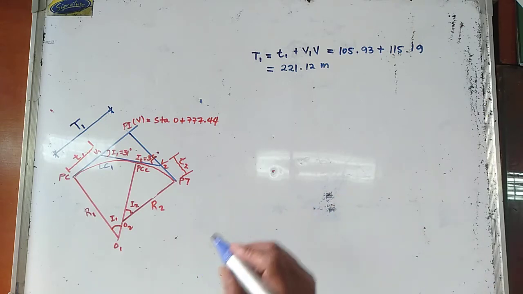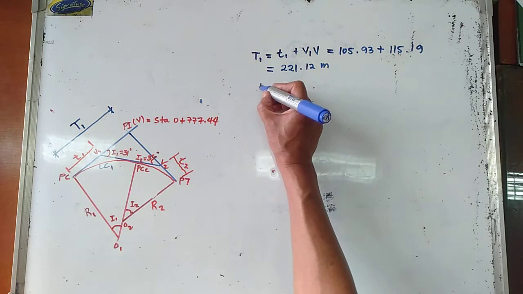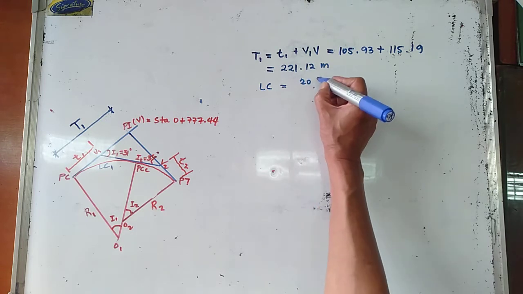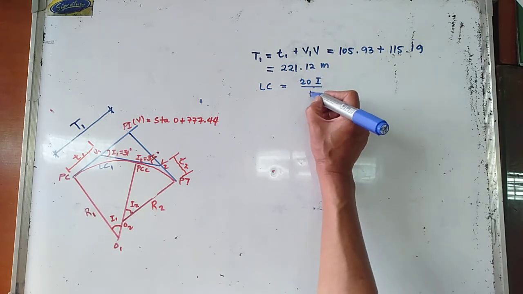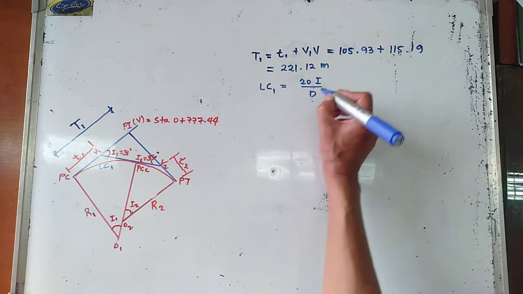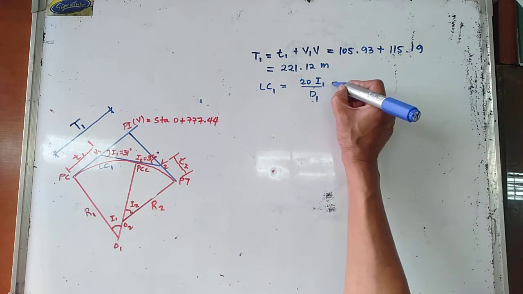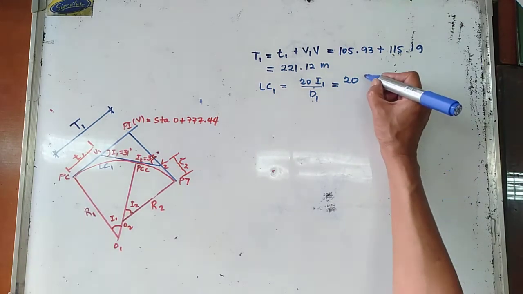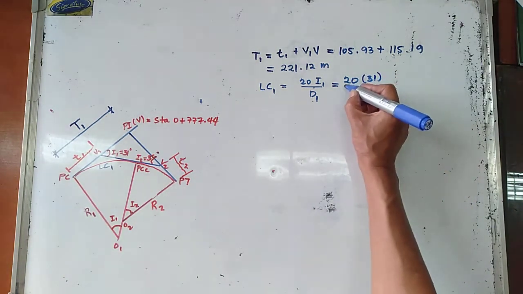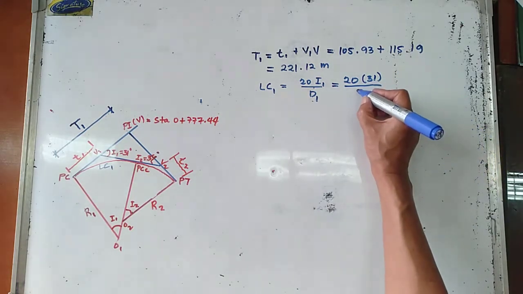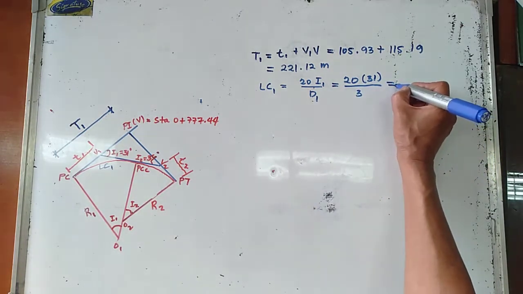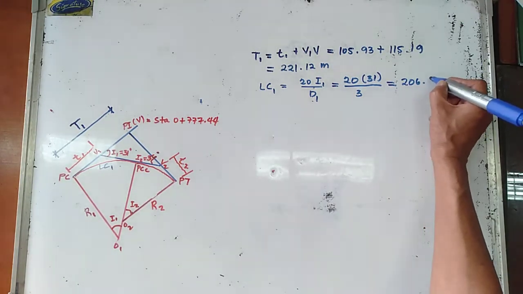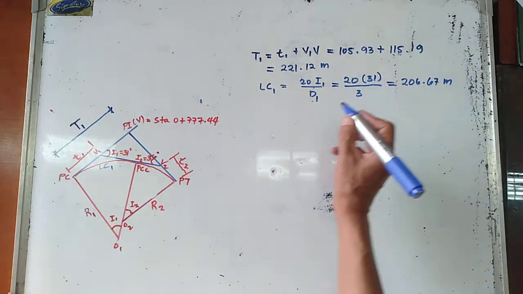So let us try to determine now your LC1, which is the long chord, the length of the first simple curve. So from your simple curve, LC is equal to 20I all over D. So for LC1, 20I1 all over D1. So that is 20, your I1 is 31 and your D1 is equal to 3. Hence, this is equal to 206.67 meters.